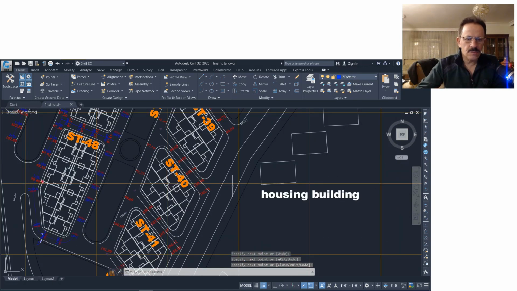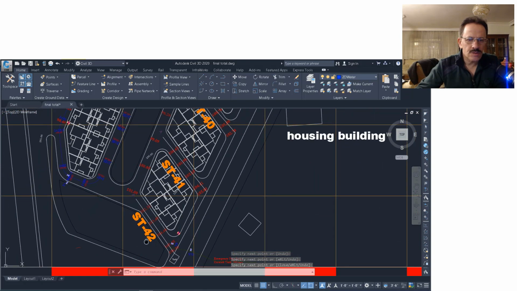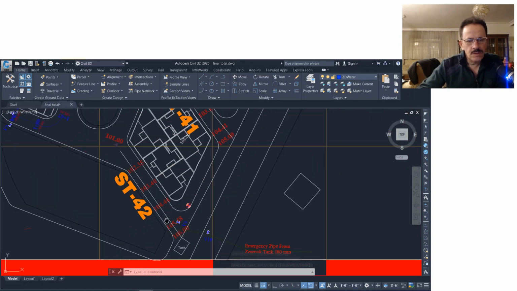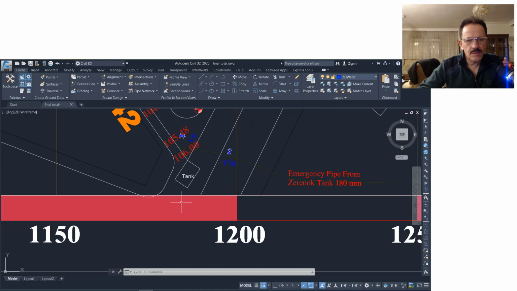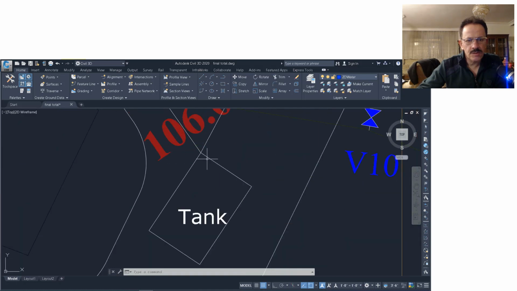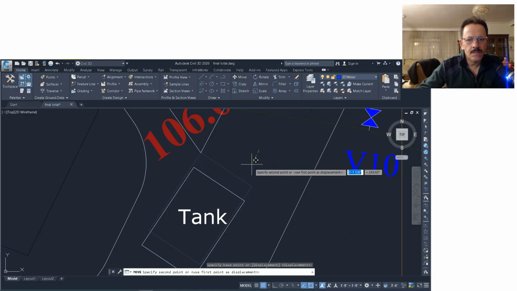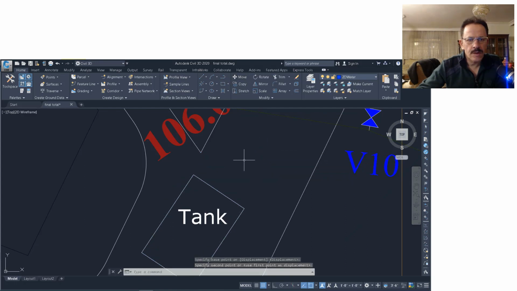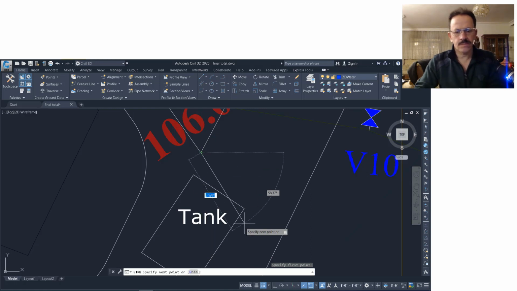Now assume that I have only these two blocks. So what should I do? By the way, this is not to be linked together. There should be a pipe here.